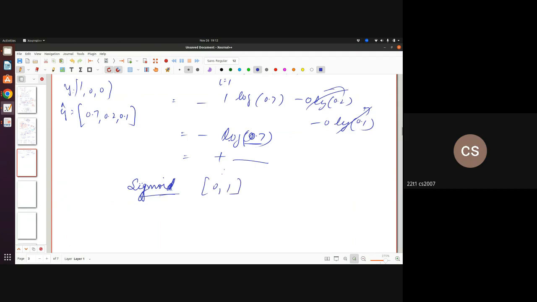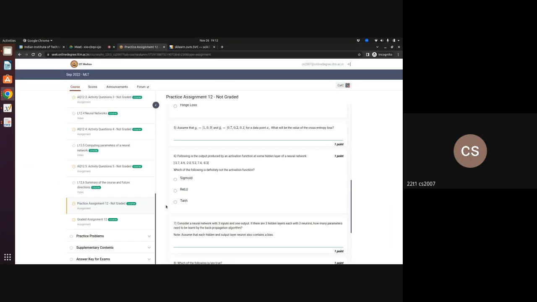Sigmoid produces a value which is between 0 and 1. Okay. This is the output produced by an activation function. Can this kind of output be produced by sigmoid is what I'm asking you. No, right? Why? Because the output is 0 or 1. There are values more than 1 also. So this is not correct.